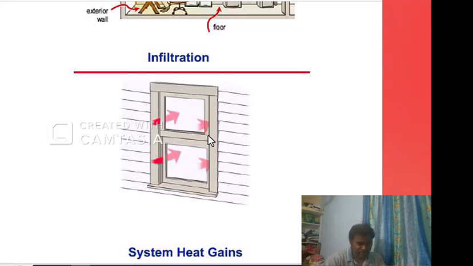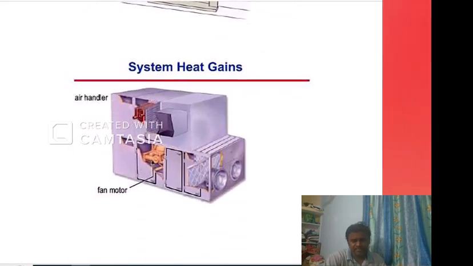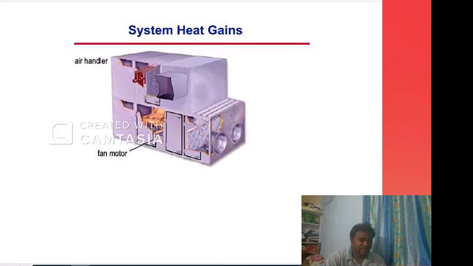Try to understand this. Some other things are called heat gains. What is a heat gain? Suppose you include an electrical object which has a fan; even though the fan is giving air, you can expect some heat from the motor as well.